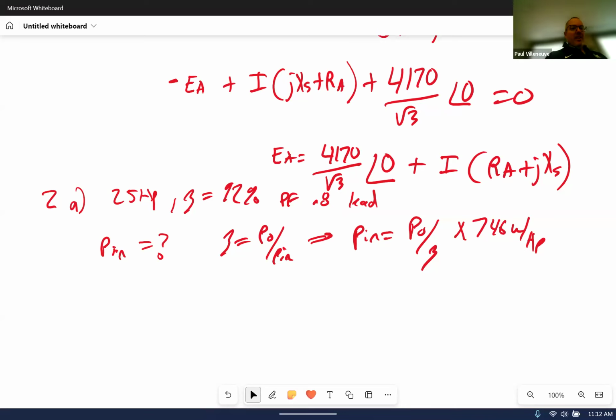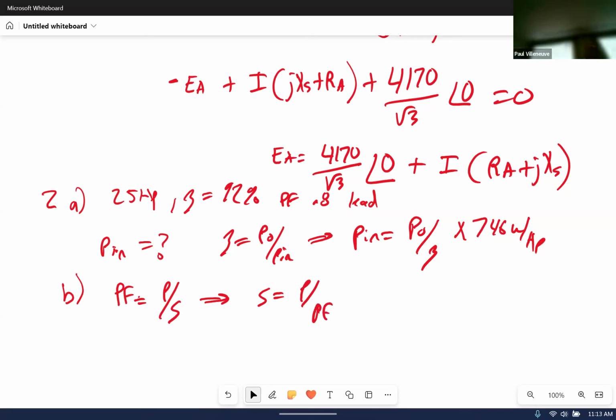And then for part B, what is the kVA input? Well, power factor by definition is P over S. So S is equal to P over my power factor. This whole problem was exam one material. Nothing sneaky about it.